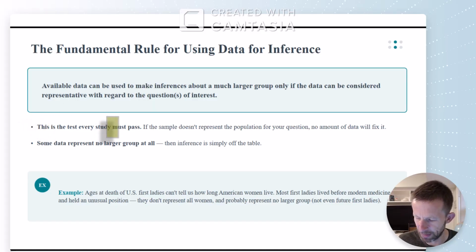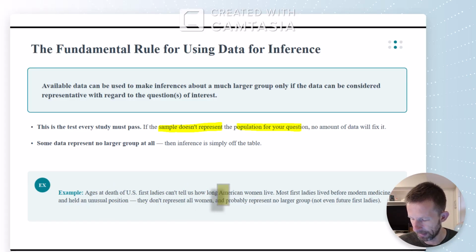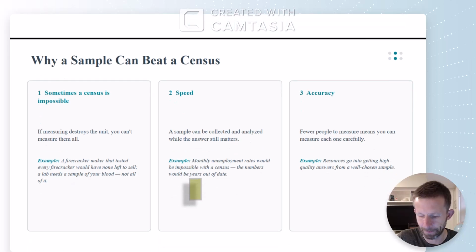This is a test every study must pass. If a sample doesn't represent the population, then it doesn't matter how big the sample is, it's still an unrepresentative sample. For example, ages of death of US first ladies can't tell us how long American women will live. Most of the first ladies lived before modern medicine and held an unusual position. So, for a variety of reasons, the first ladies are not a good representative sample of all women in the United States.